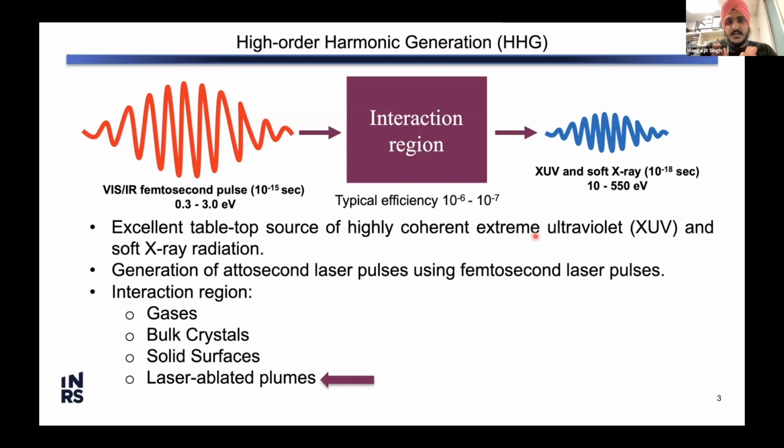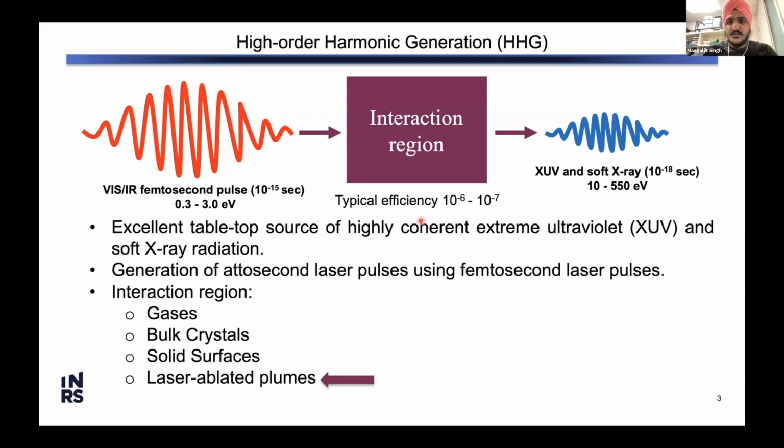So HHG provides an excellent tabletop source of coherent XUV and soft X-ray radiation. And if we perform HHG with sufficiently short femtosecond pulses, then this process has the potential to generate coherent XUV pulses of attosecond time duration.